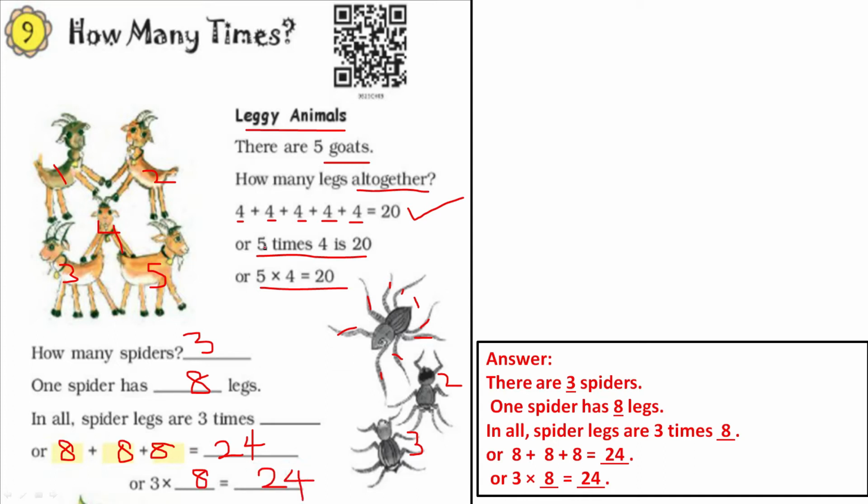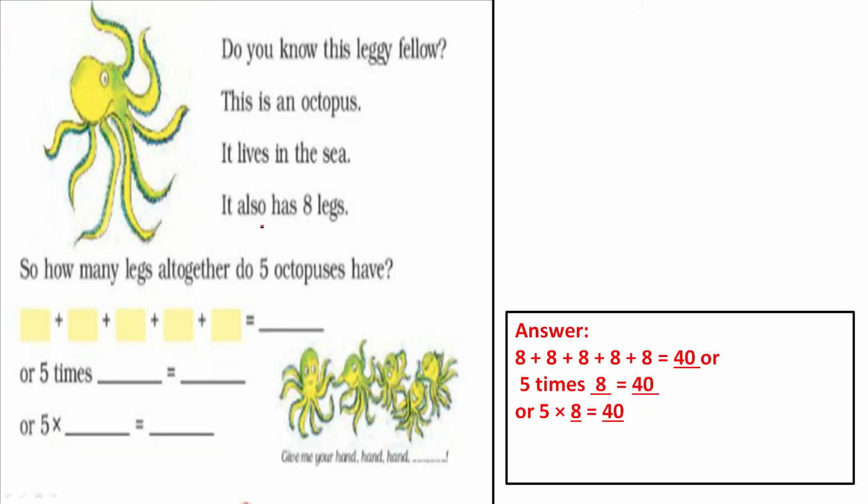Let us see the next question. Do you know this picture? This is an octopus. It lives in the sea. It has 8 legs. So how many legs altogether do 5 octopuses have? Here there are 5 octopuses: 1, 2, 3, 4 and 5.